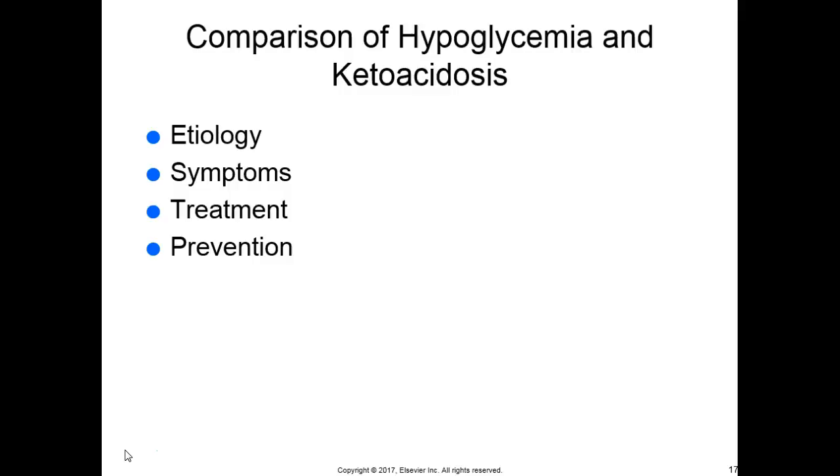For ketoacidosis, it results because of a failure to take prescribed insulin as a result of illness or infection, overeating or having too many calories or carbohydrates, severe stress related to surgery or trauma or emotional upset.